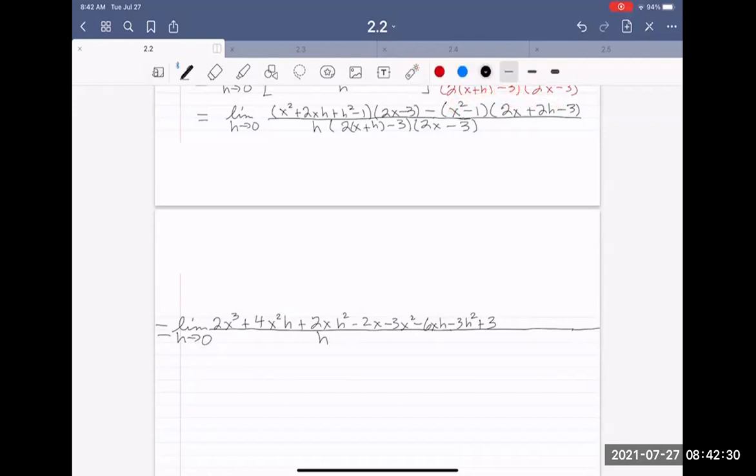So negative 2x cubed minus 2x squared h plus 3x squared. How in the world am I going to do this?